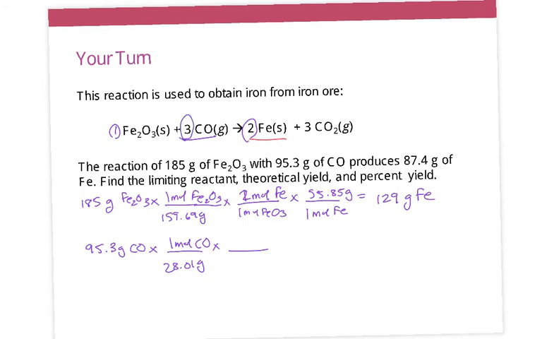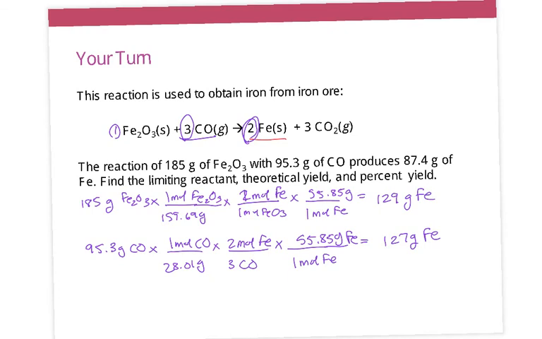We have 3 moles of carbon monoxide for every 2 moles of iron. Now let's convert back to grams. For every 1 mole of iron, there is 55.85 grams of iron. So here we end up with 127 grams of iron.